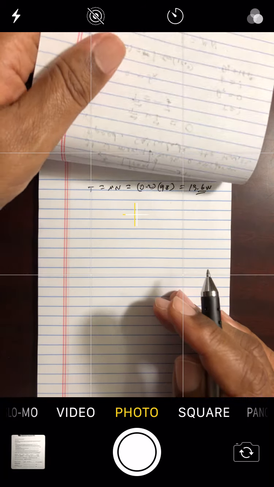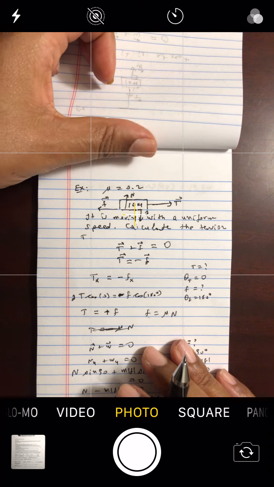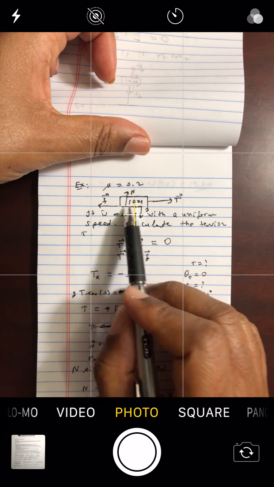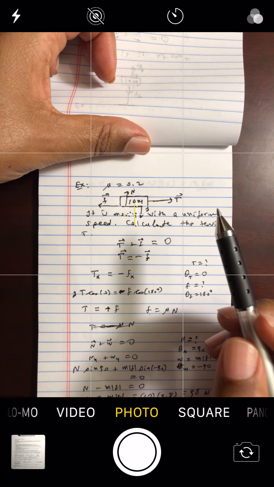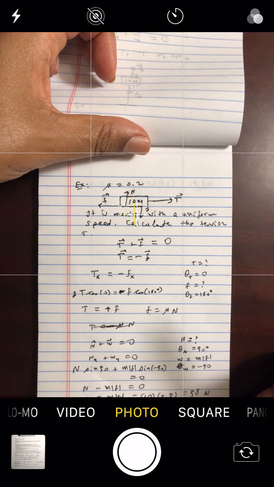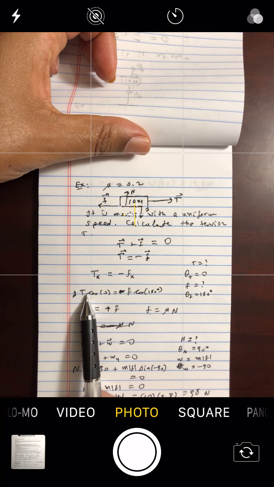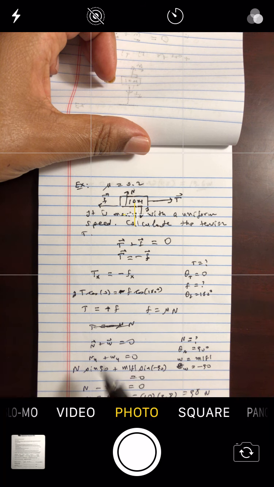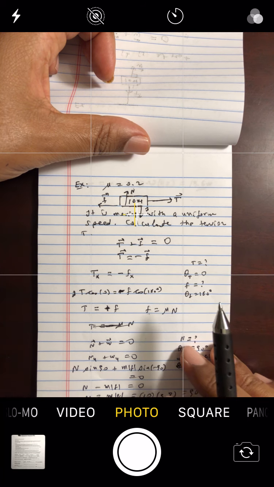So that is the tension in the string. But all we're saying is this force is balancing the force of friction, and this normal force is balancing the weight, that's it. So you've got Tx equals negative Fx, but this one is negative, so that makes this one positive. The tension equals force of friction, and the force of friction is mu times N, and using the Y equation, we just calculated the normal force.